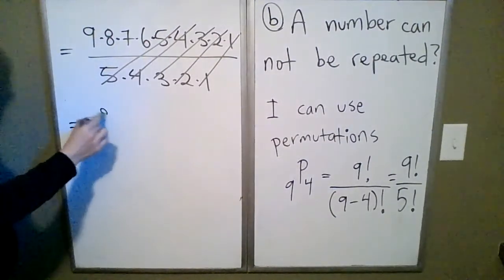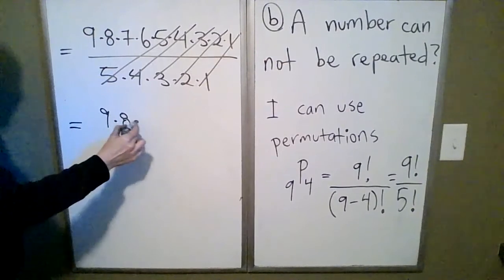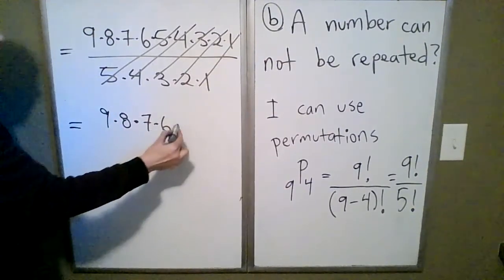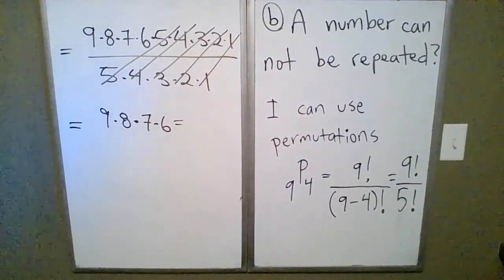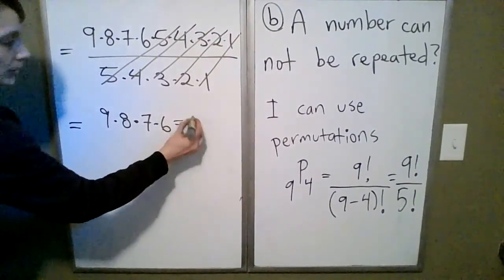And what's left is 9 times 8 times 7, 6, which is 3,024.